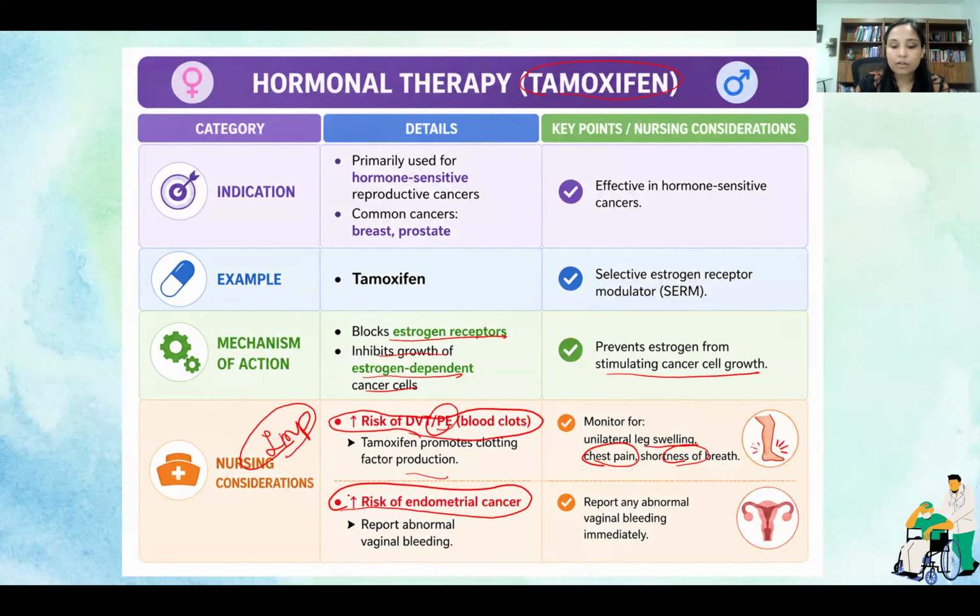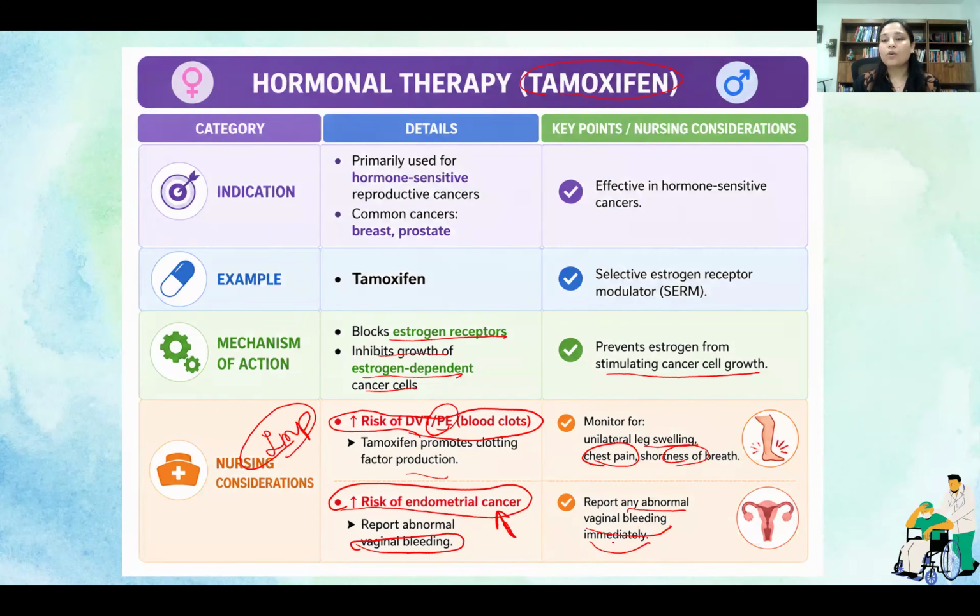So anytime a patient comes with abnormal vaginal bleeding, you have to be a little cautious thinking about the association of this medication with endometrial cancer. If any menopausal woman comes with a complaint of vaginal bleeding, you have to take interventions promptly.